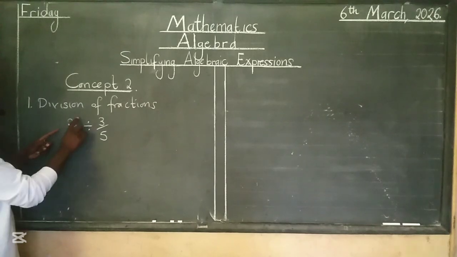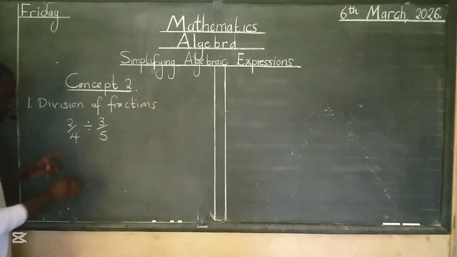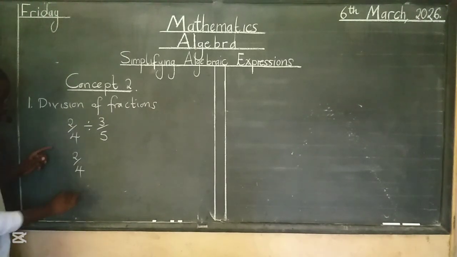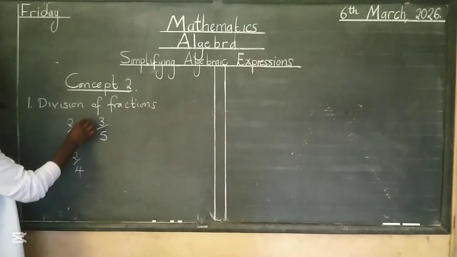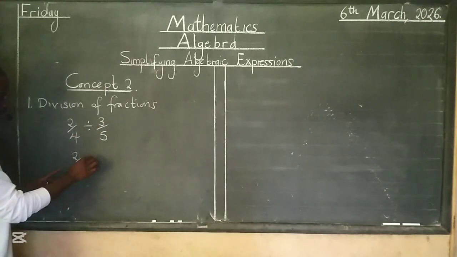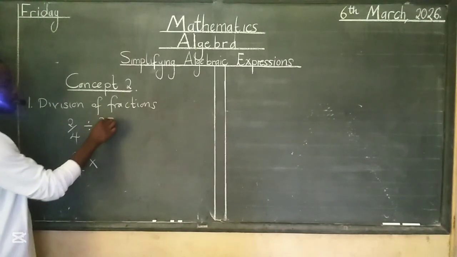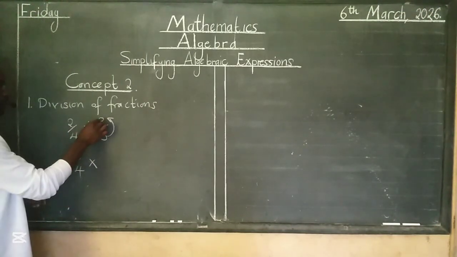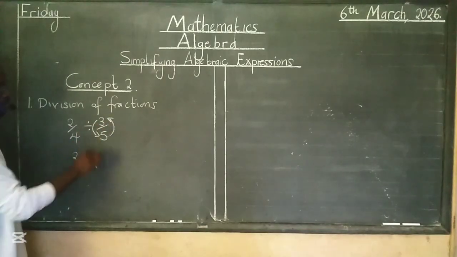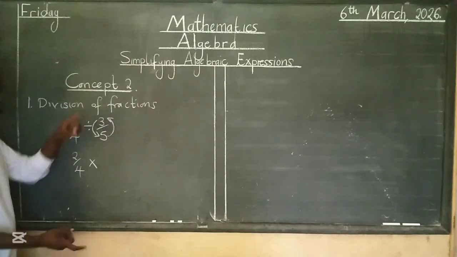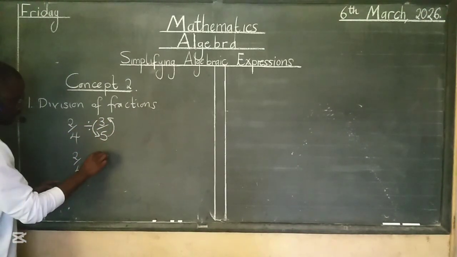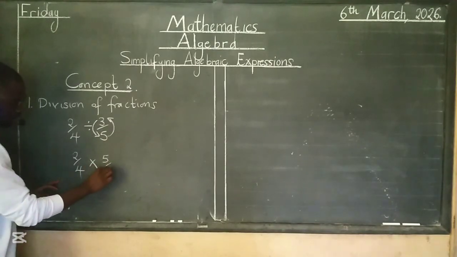Well, you take this part exactly as it is, 2 over 4. Then we change this division sign to a multiplication sign, and then we switch these. The bottom one goes up, or the denominator goes up. The top one goes down, or the numerator goes down. They switch places. So this will be 5 over 3.